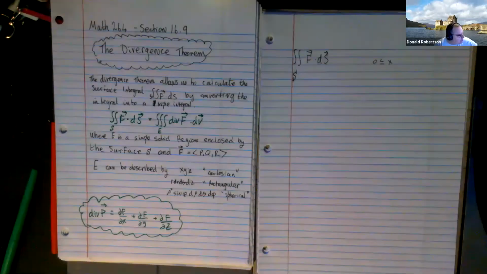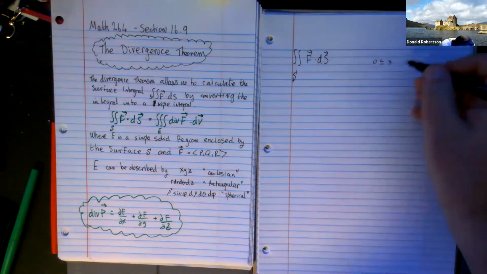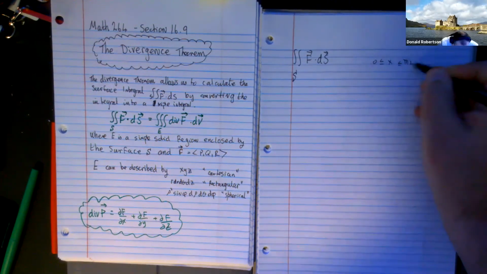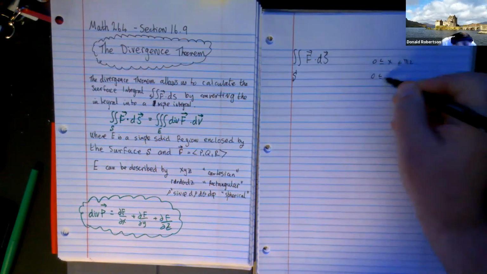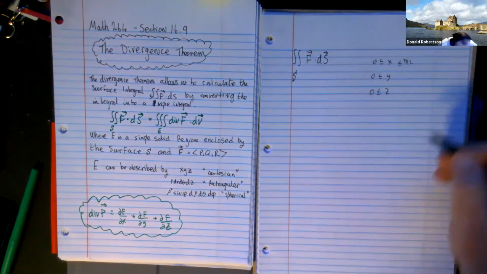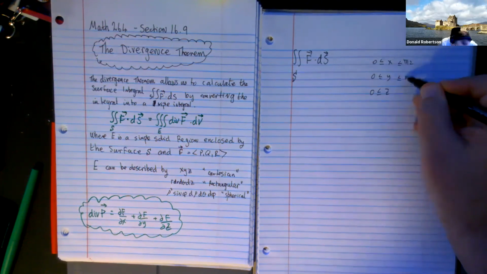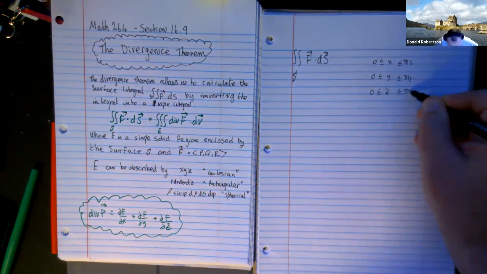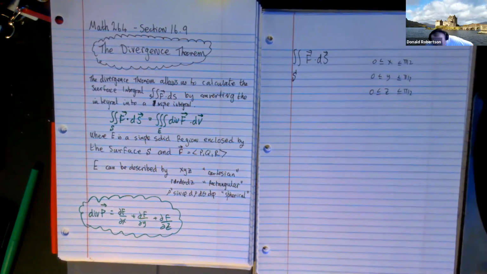Let's see what we get. So they told me x equals pi upon 2, so it's in the first octant, that's the range of x's. This is going to be the range of y's and z's because it's in the first octant. And these are also going to be pi upon 2, and this is going to be pi upon 2. So yeah, you're right, that's a cube in 3D space.